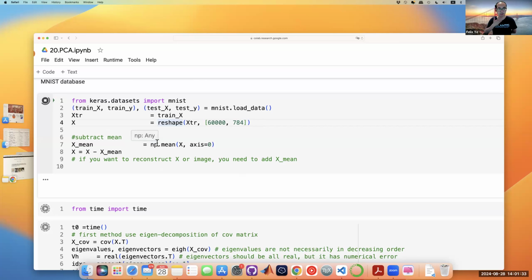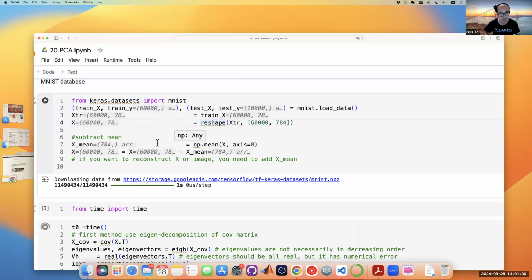As I said, in general, this data x is not centered at 0. The way we do it is we need to subtract the mean. If you actually want to reconstruct the image, you need to add the mean back. So you always need to remember, if you want to reconstruct that, you need to put the mean back.